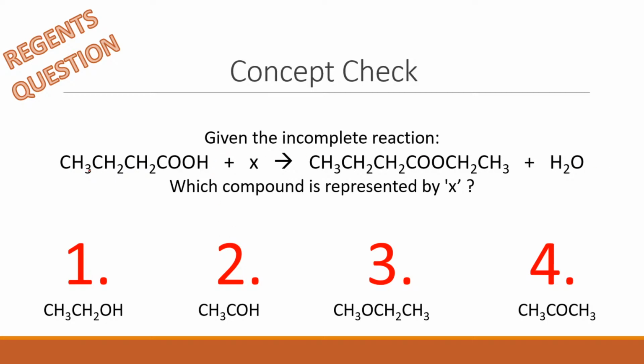Here we again have a missing piece. Instead of a blank line, they gave us an X, and they ask which compound is represented by X. They give us condensed structural formulas for 2 big compounds and water, and ask which of the following fits in this blank?